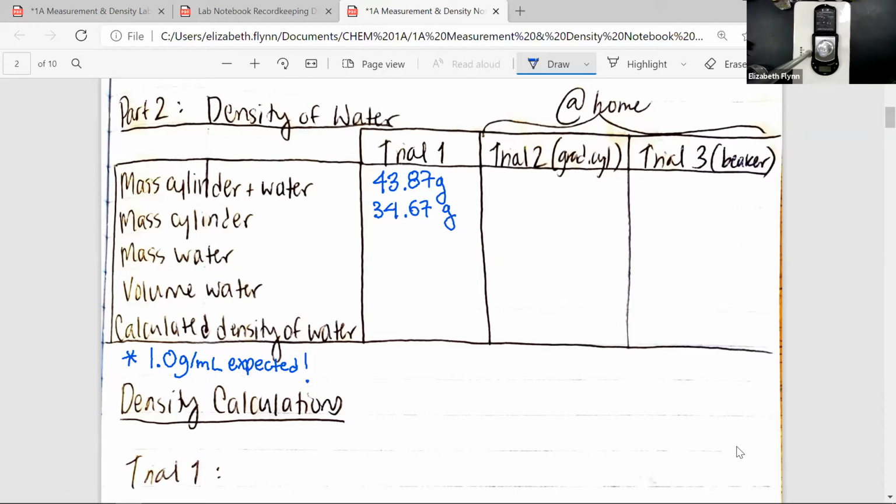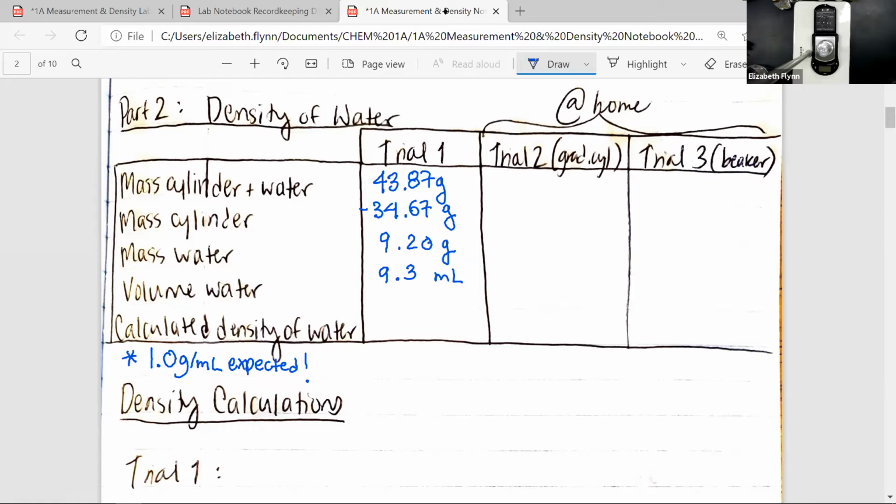So 43.87 minus 34.67 will give us the mass of the water. 9.20 grams is the mass of the water. And then the volume of the water we recorded as 9.3 milliliters.